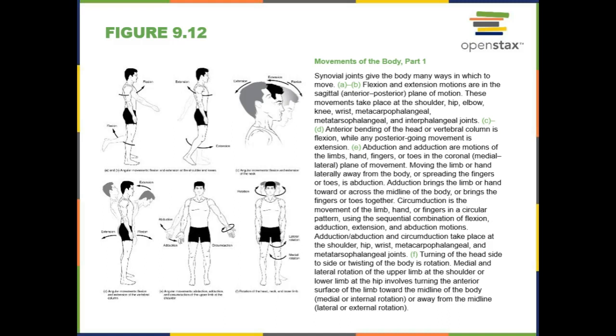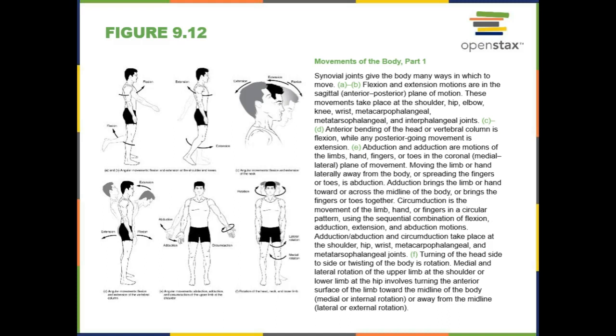If you're abducting your fingers, you're moving your fingers away from the middle finger. If you are adducting, you're moving them back into the body. You're adding them back. You can adduct your legs. You can adduct your arms. You can abduct those things as well.